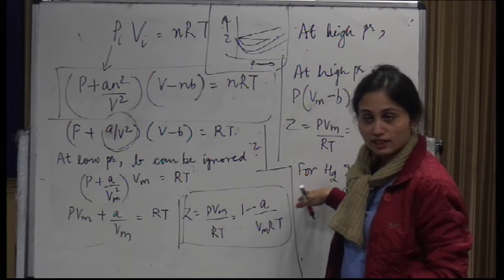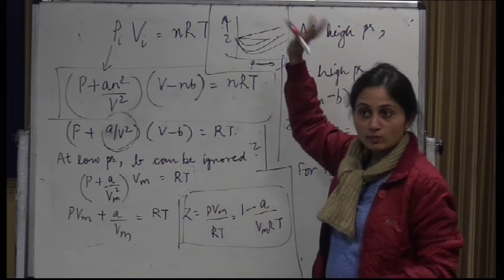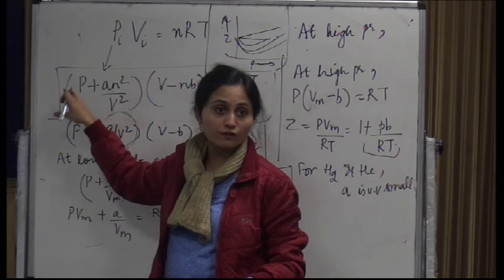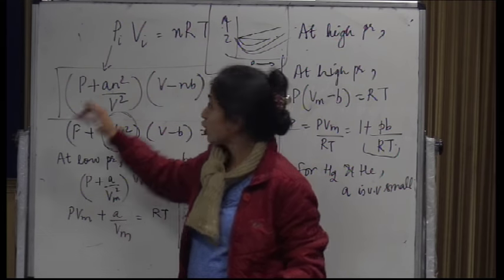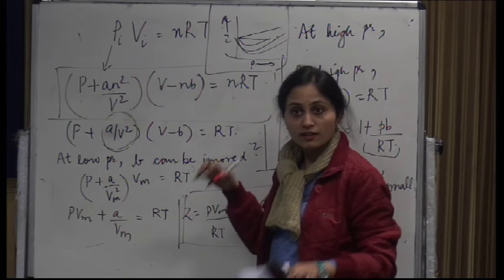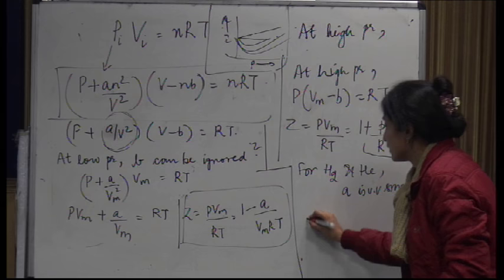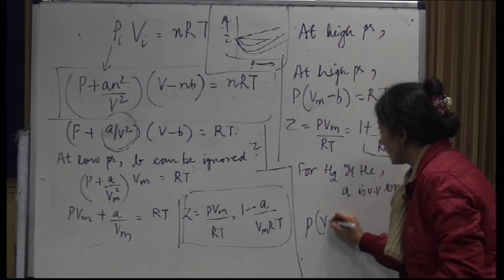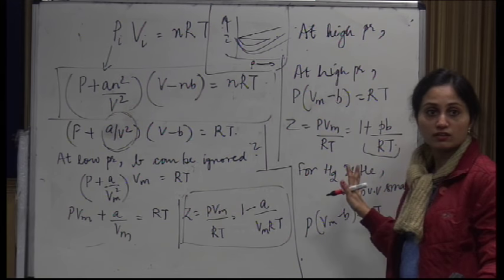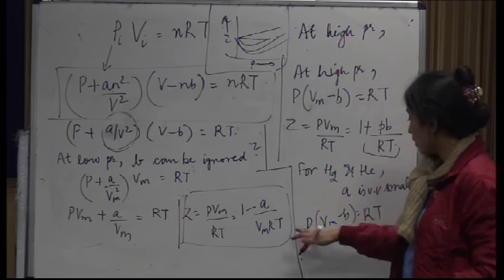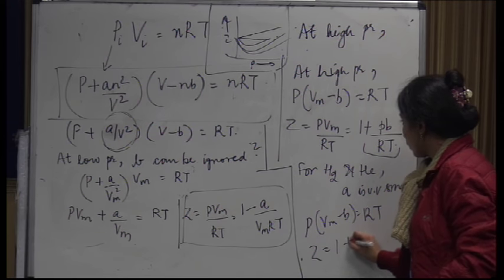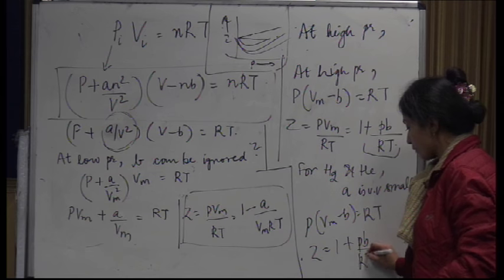For hydrogen and helium, I told you Z will always be greater than 1, because A is very, very small for hydrogen and helium naturally. So even from the low pressure range it doesn't follow the earlier expression at all. Right from the beginning, for hydrogen and helium the applicable equation is P into Vm minus B is equal to RT, because A is already very small. So whether the pressure is low or high, it will only follow this equation, because of which your Z will always be 1 plus PB by RT.